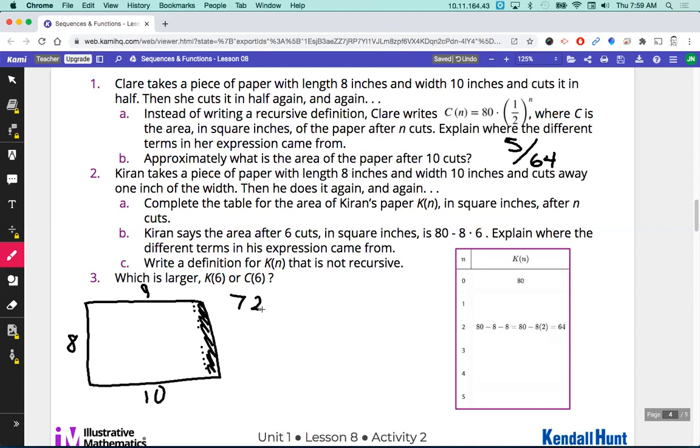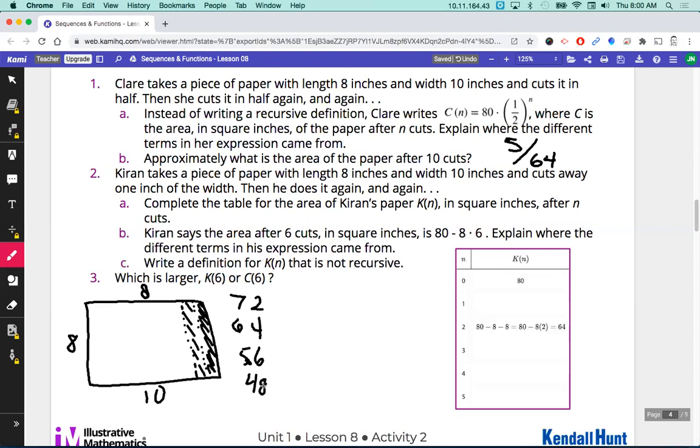Well, then the next item in the sequence, she takes another inch off. Well, now it's going to be 8 times 8, which is 64. Now what's happening, when we take 1 inch off, we're basically losing 8 square inches every time. So we went from 72 to 64, take 8 more off, we get 56, 48.